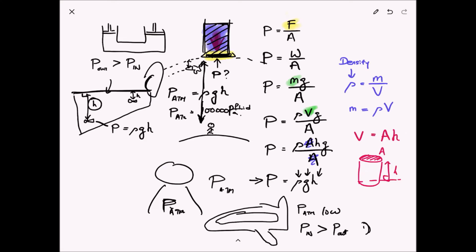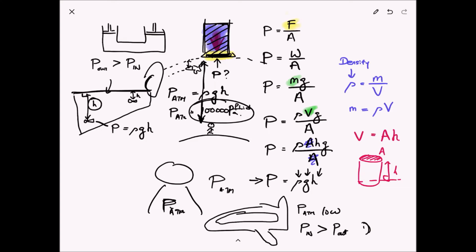Another reason why you are not feeling this 100,000 Pascal from the atmosphere is because you are born into the atmosphere. Our body structure has evolved to adapt to this kind of pressure, so you don't feel it. But if you dive deep into the water, your body is not conditioned to that, and you will feel the pressure around you building up.